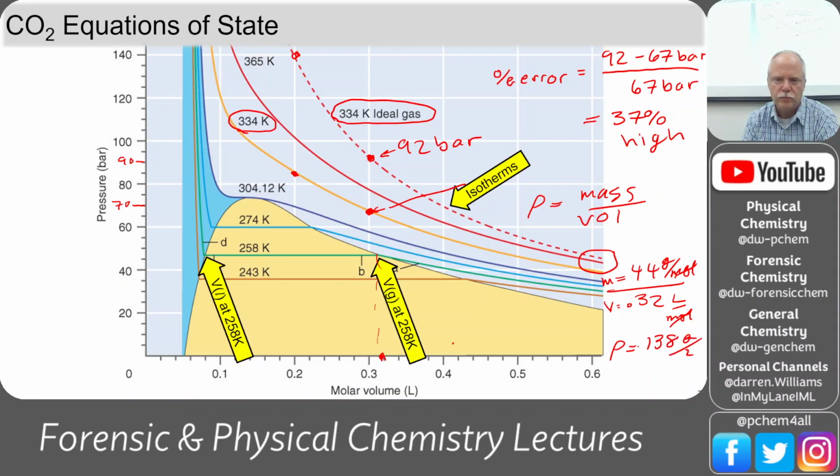Okay. If we were to do it per milliliter, it would be 44 divided by 320, which is 0.138 grams per milliliter.